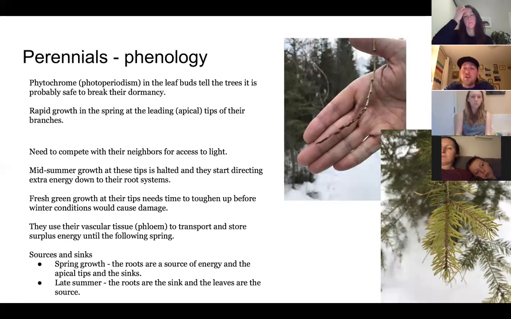And so they direct their resources down into the root system, where, I talked about in last class, their root system is an energy storage system. So for the second half of the growing season, they're putting any surplus energy down into the root system. They're using their vascular system, the tissue called the phloem, in order to transport it.